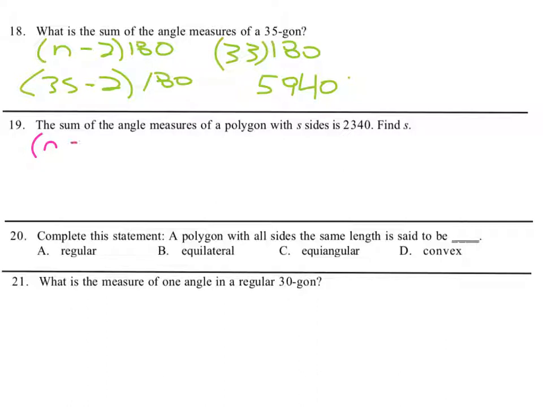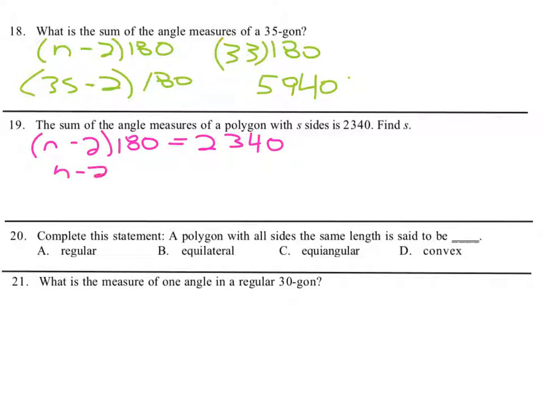So I'm going to say n minus 2 times 180 will give us the sum of the angle measures. And if that sum is 2340, then we can backwards calculate what n is, or in this case, what s is.